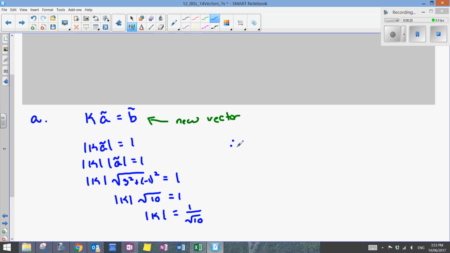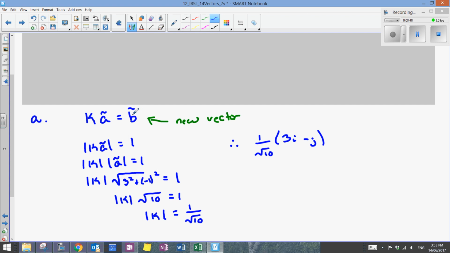So what we just figured out was that if a scalar times vector A equals the new vector that we want, so that A and B are in the same direction but different lengths, what we want is k, which is going to be 1 divided by the square root of 10, multiplied by A, because that tells us what direction to go, which is 3i minus j.